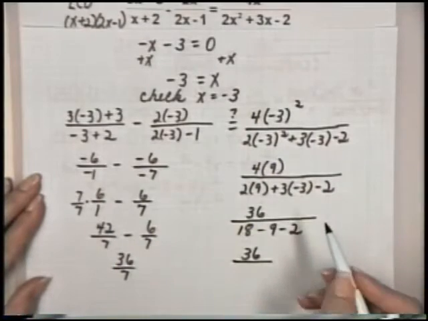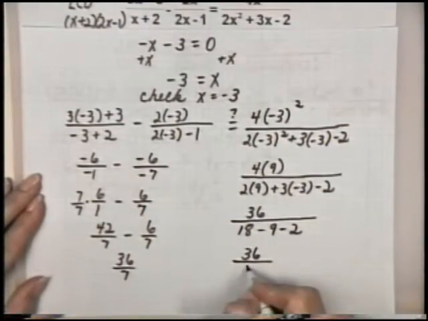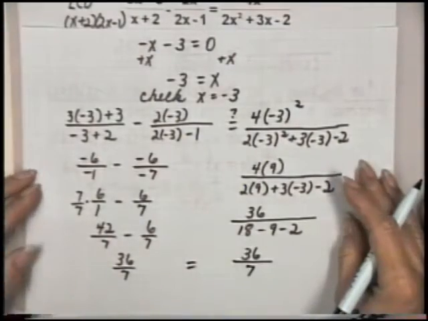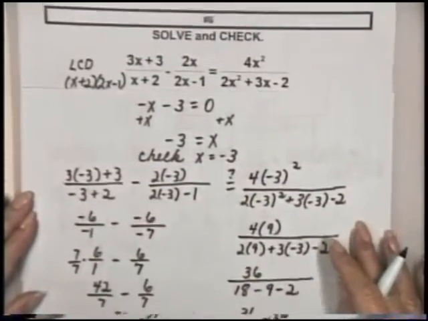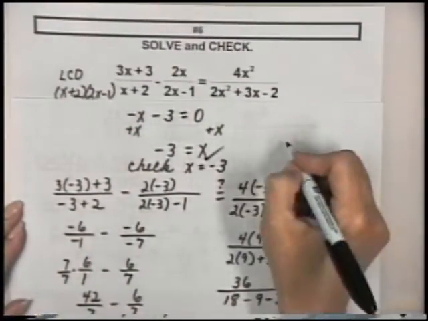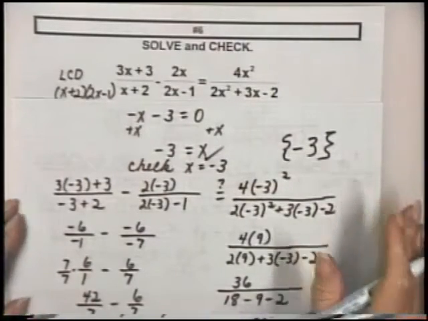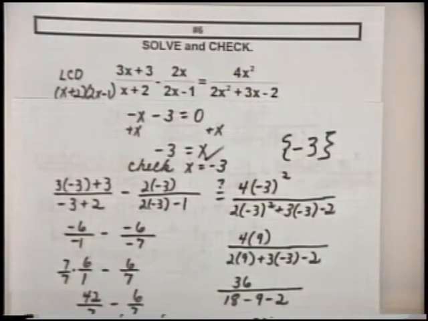Subtract 2. I have 36 in the numerator. In the denominator, 18 subtract 9 is 9. 9 subtract 2 is 7. So I get 36 sevenths equal 36 sevenths. X equals negative 3. We'll check. Let's write negative 3 as the solution set.